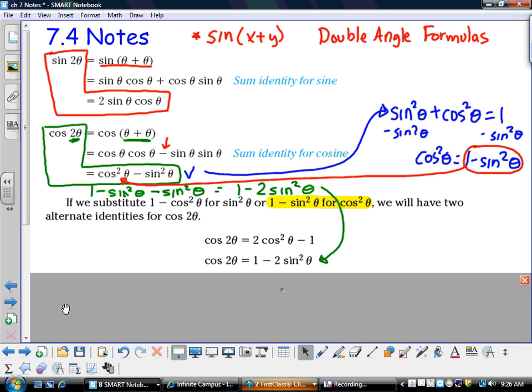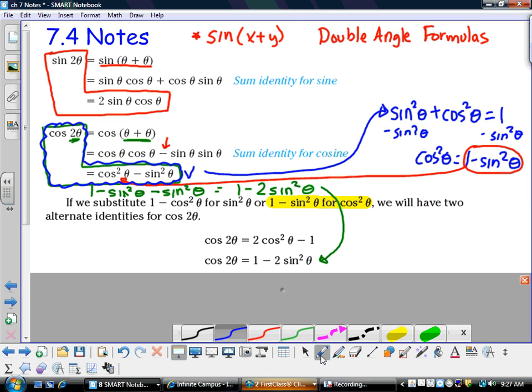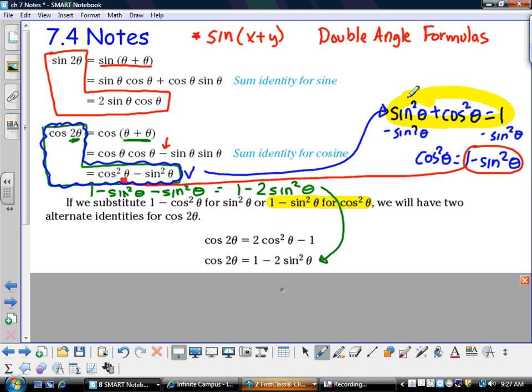When I am solving things and doing identities, the only one that I ever remember is the first one. But it's good to be aware of the fact that if you use the Pythagorean identity, you can change that original one around and get two more identities that are also true for cosine 2 theta.